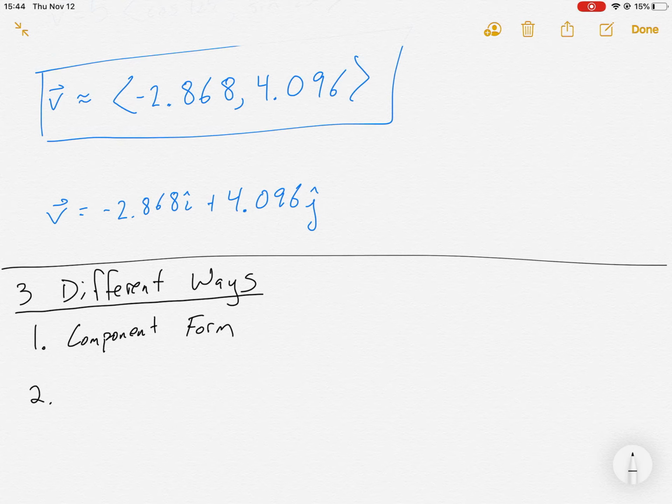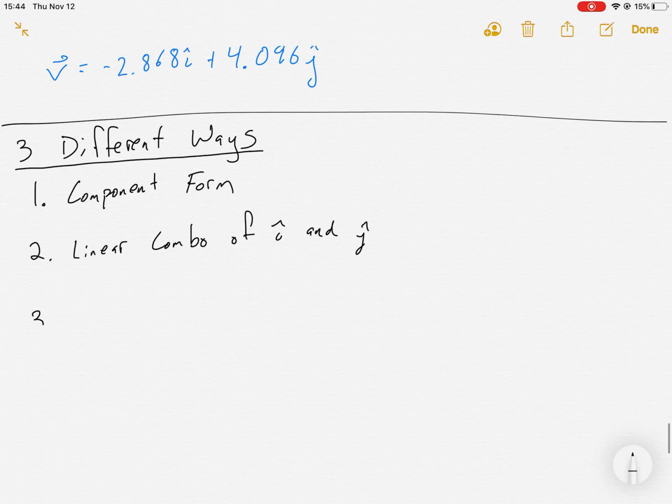The second way was a linear combination of i hat and j hat. And then the third way we just talked about was kind of this magnitude direction form. It's not really the technical name for it. There isn't really a technical name for it.